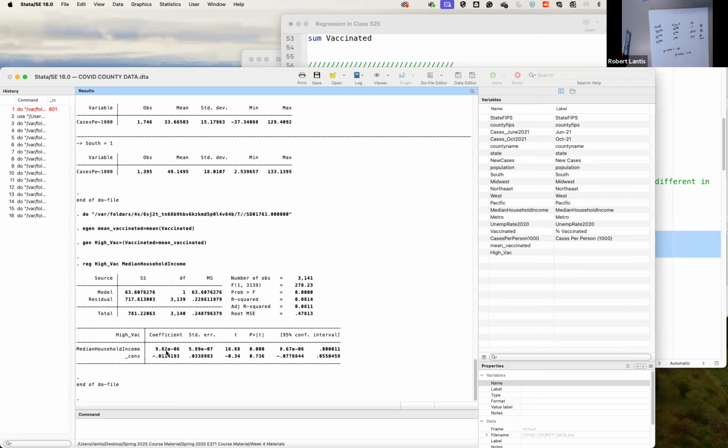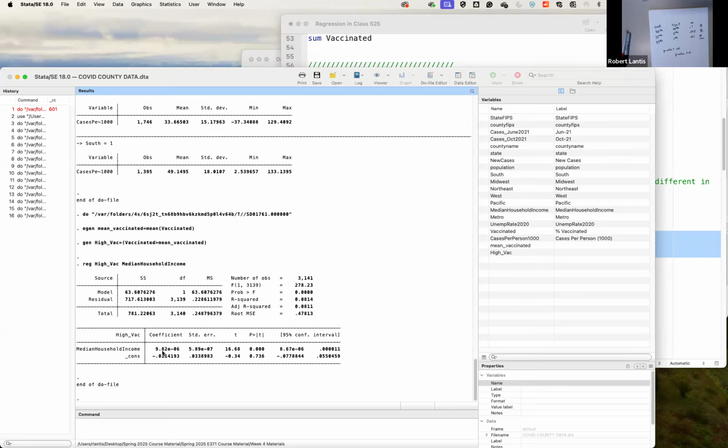Sometimes when we have really small coefficients, Stata is going to show us this kind of scientific notation. All this means is times 10 to the -6. So this means move the decimal 6 places to the left: 0.000009. So if I have a $1 increase in the median household income in a county, it would increase the probability that it's considered a high vaccinated county by 0.000009.